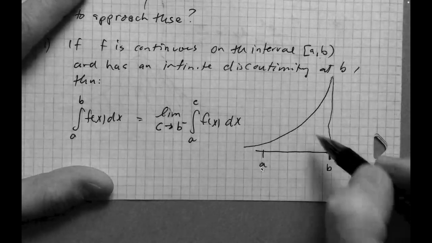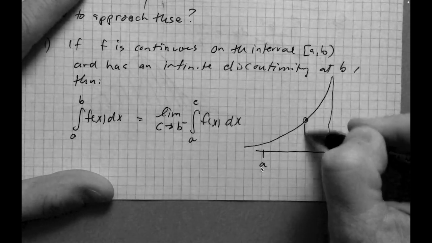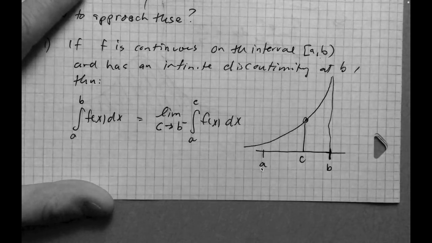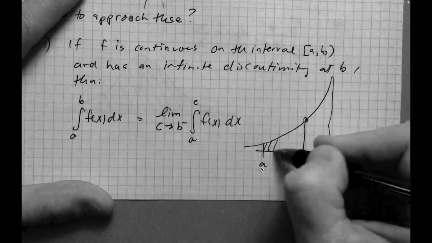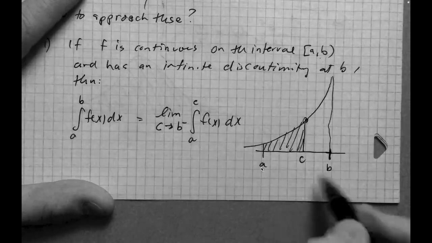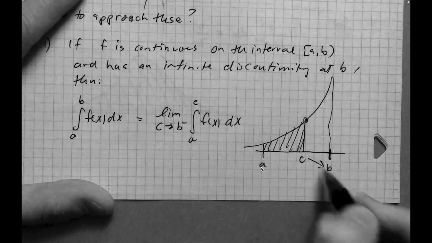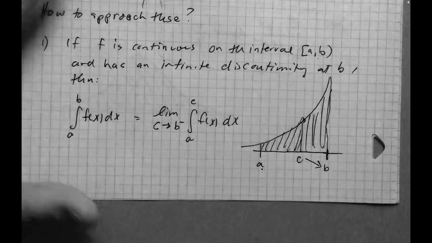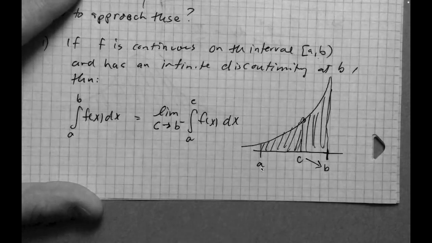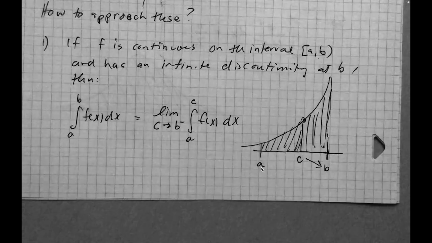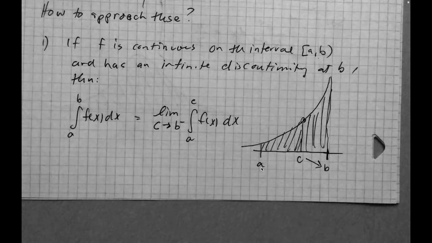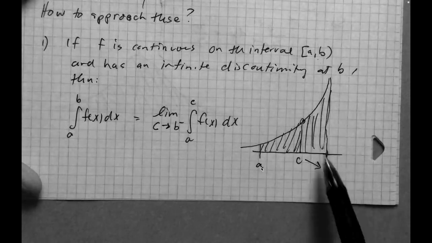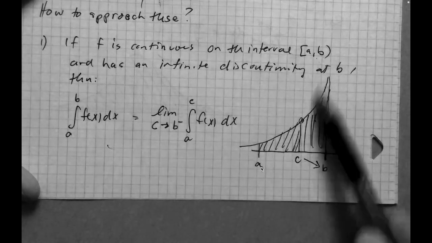So what we're going to do is inject some other value C, calculate this area, and then let C approach B from the left. So obviously this area is going to grow, and this limit will capture the value. Does that make sense? That's the idea.